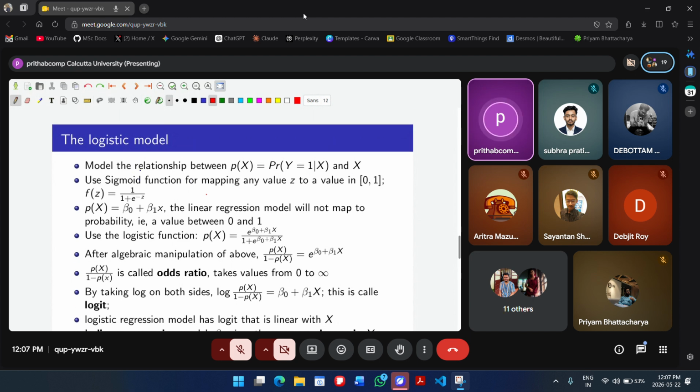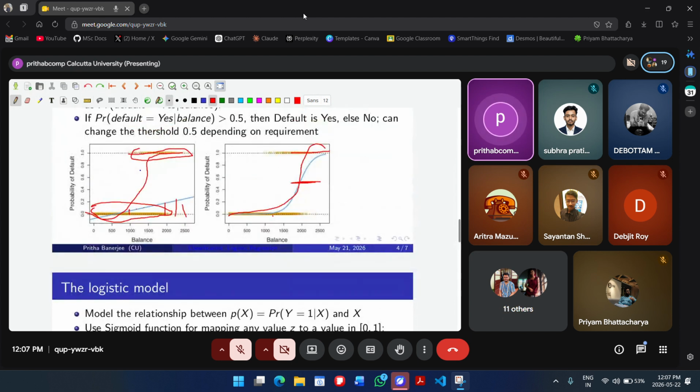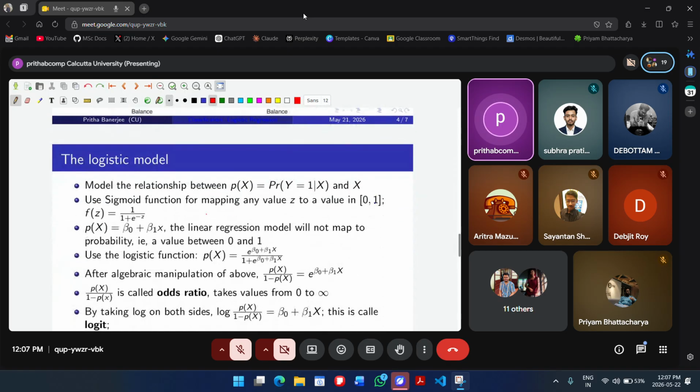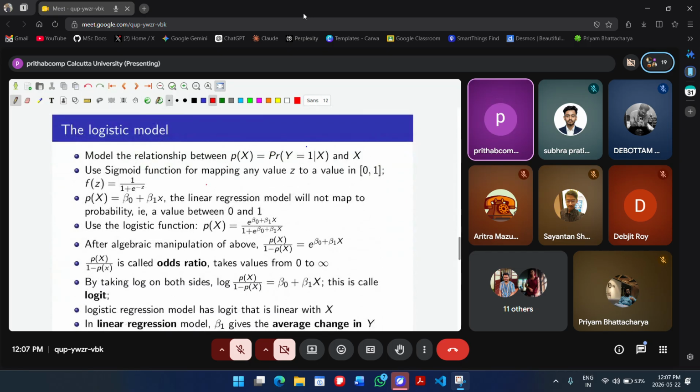In the previous figure we saw this type of curve. It's an S-like curve, this blue curve, and it is represented by what is called a sigmoid function. In order to map the probability values to between 0 and 1, we'll use a sigmoid function for mapping any value z to a value in 0, 1.